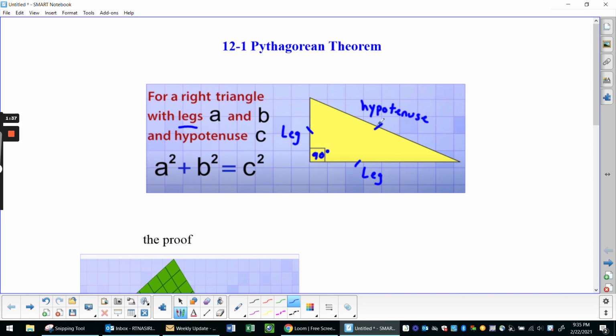Okay. And that's your hypotenuse right there. Hypotenuse is kind of parallel to the 90-degree angle. So the leg is connected to the 90-degree angle, and the hypotenuse is parallel to it. Hypotenuse is the longest side. So always remember, hypotenuse is the longest side length.